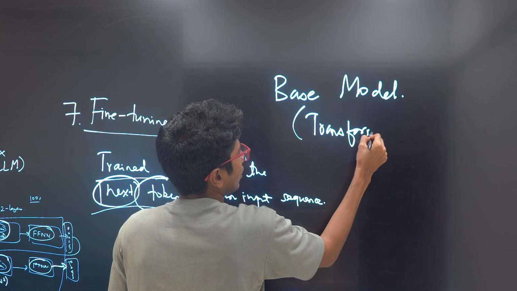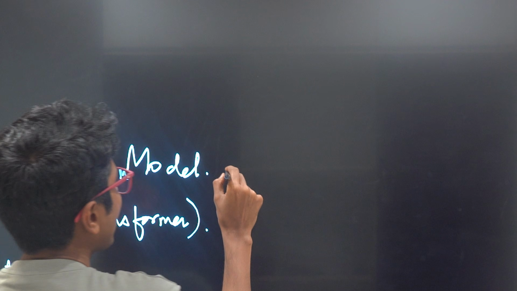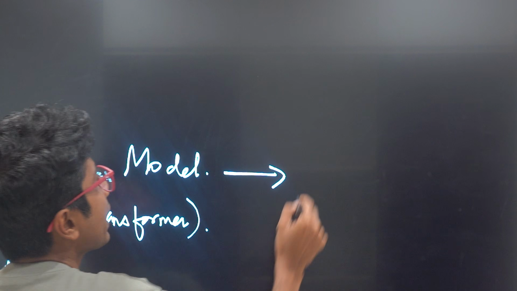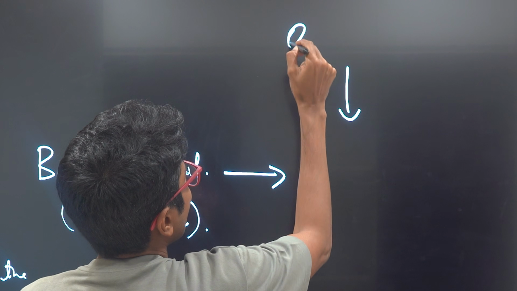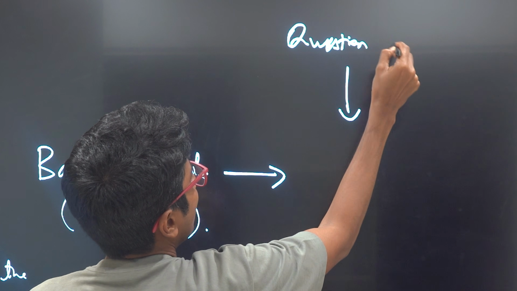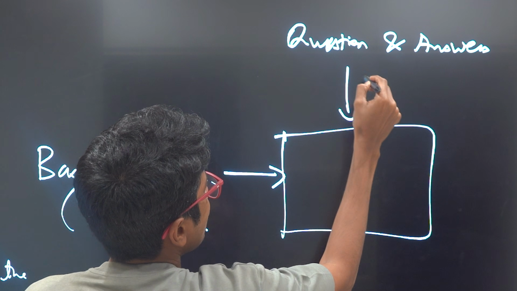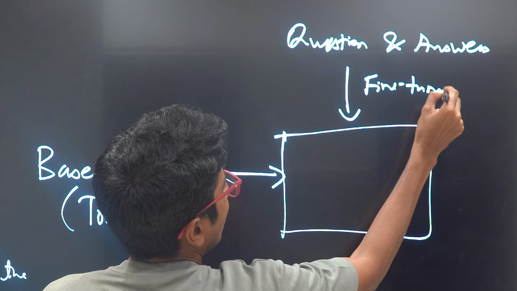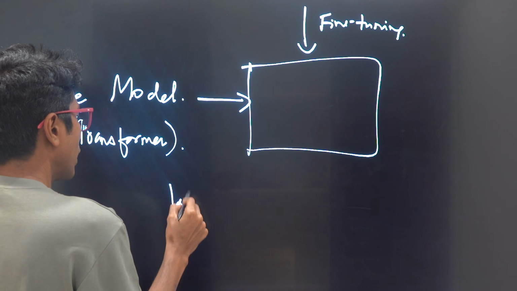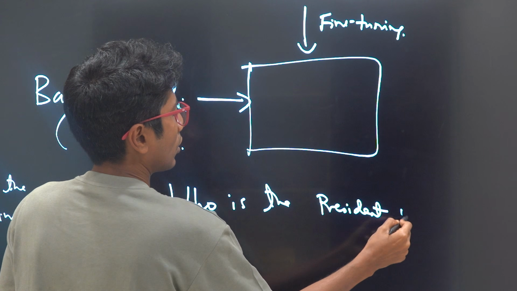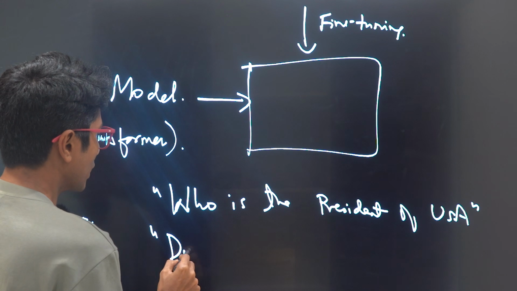in a self-supervised fashion. Then you're going to take that model and make it go through a series of questions and answers. This process is called fine-tuning, and it goes something like, who is the president of USA? Donald Trump.